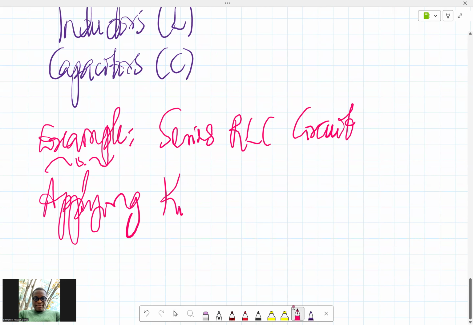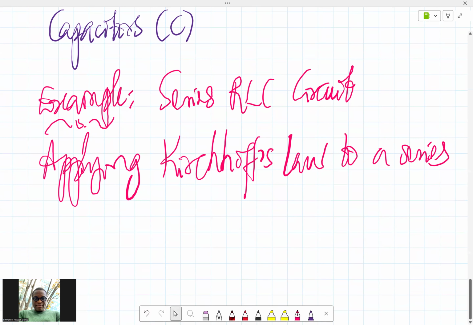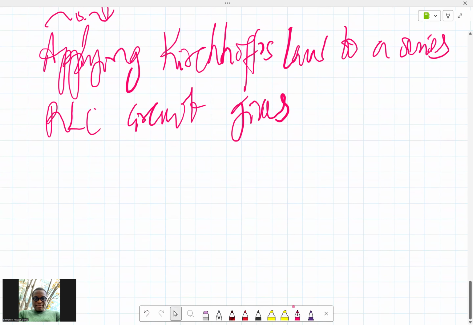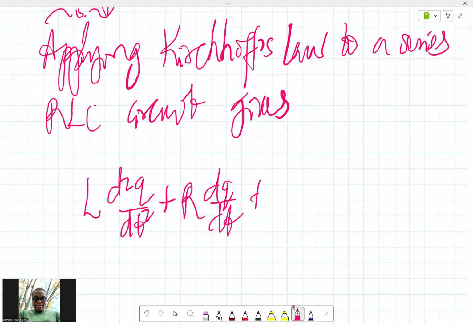Applying Kirchhoff's law to a series RLC circuit gives L d squared Q dt squared plus R dQ dt plus Q over C equals 0.